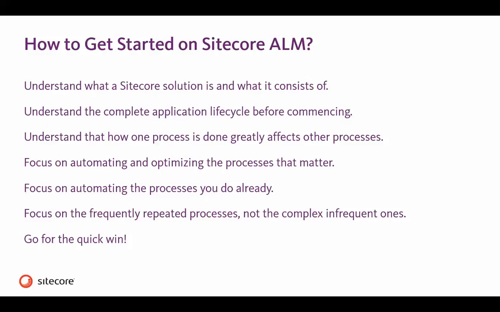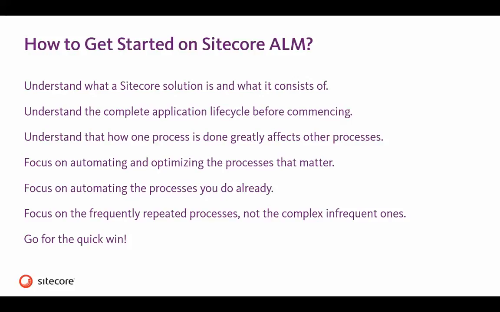Like configuration management is a very, very important process of automating deployments, and configuration management is actually done in the development process. So in order to truly do automated deployments, we need to change the development process. We need to focus on automating and optimizing the processes that matter.